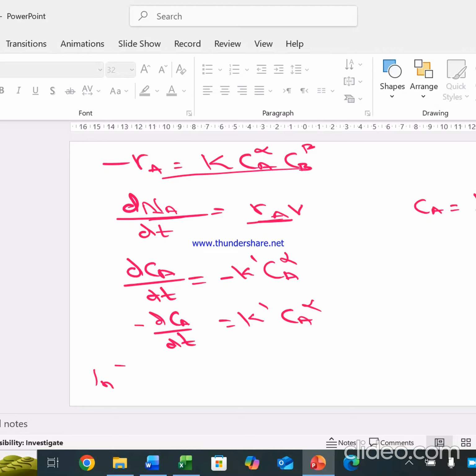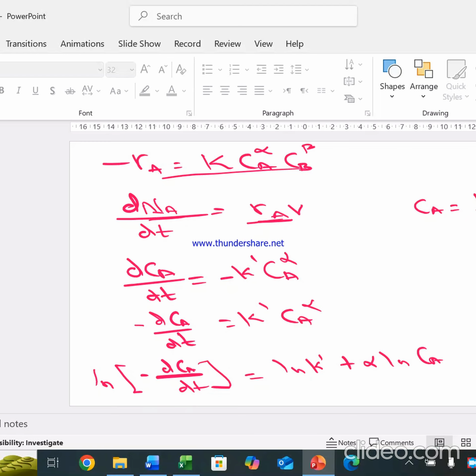So we can have ln of minus dCA/dt equals ln k prime plus alpha ln CA. So if you evaluate this expression, when we plot ln of minus dCA/dt against ln CA, our slope of the graph will be alpha and our intercept will be ln k prime. So that is the simple thing.